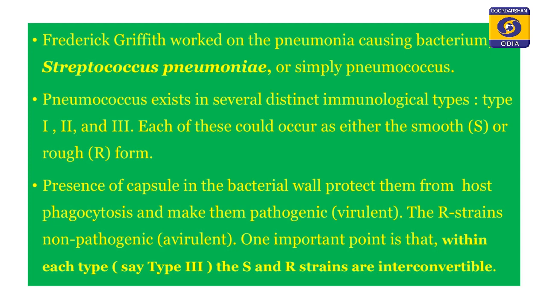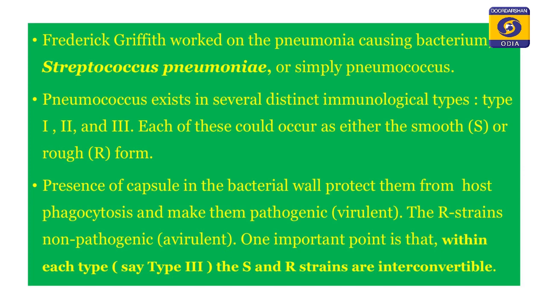This bacterium exists in 3 immunological forms depending on the presence of a carbohydrate in their cell wall. Each of the type 1, type 2 and type 3 pneumococcus were further categorized as S form and R form. S stands for smooth and R stands for rough.